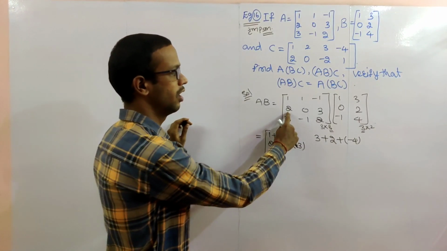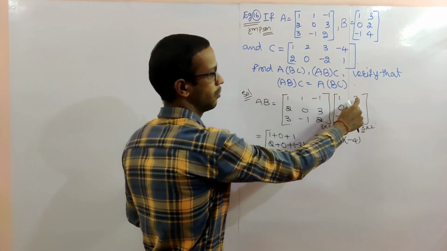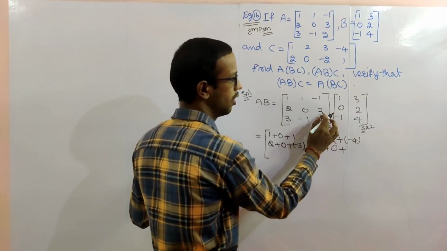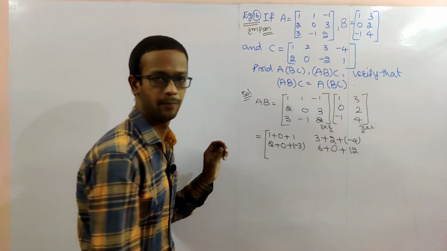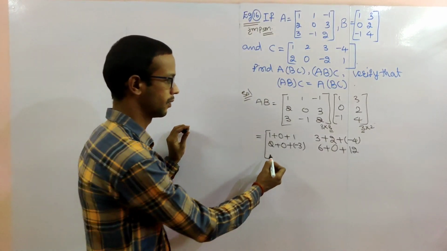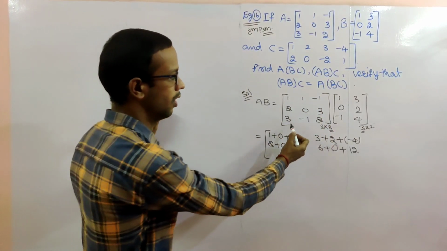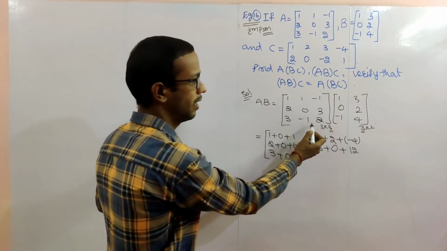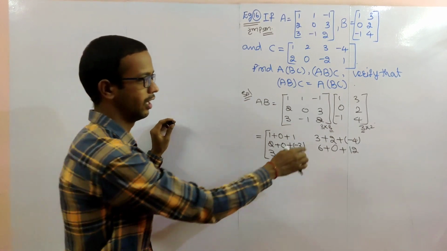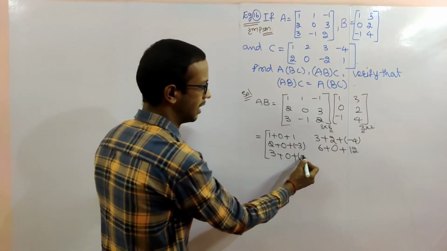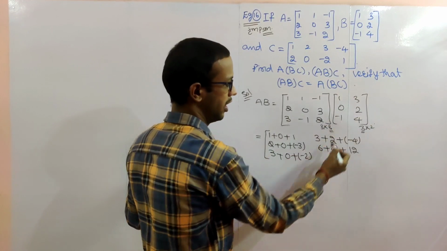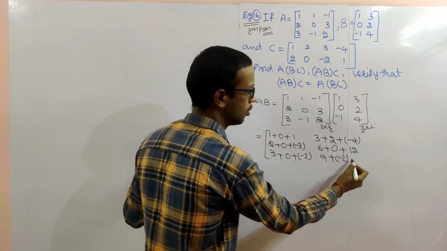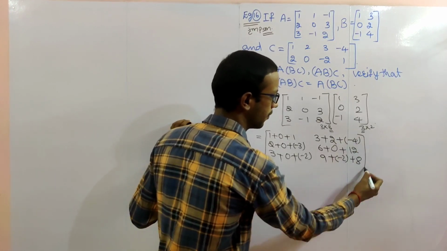Second row, second column: 2 3s are 6, 0 into 2 is 0, plus 3 4s are 12. Third row, first column: 3 into 1 is 3, plus minus 1 into 0 is 0, plus 2 into minus 1 is minus 2. Next, 3 into 3 is 9, plus minus 1 into 2 is minus 2, plus 8.